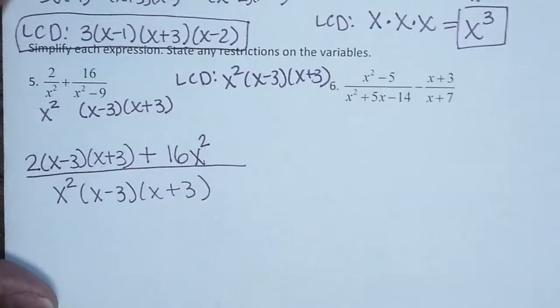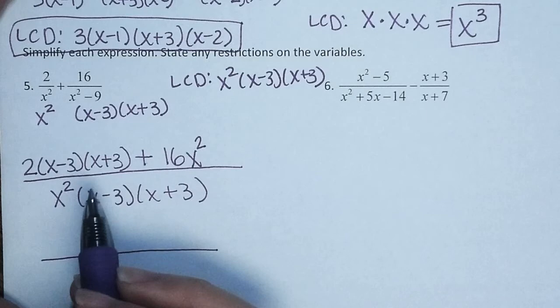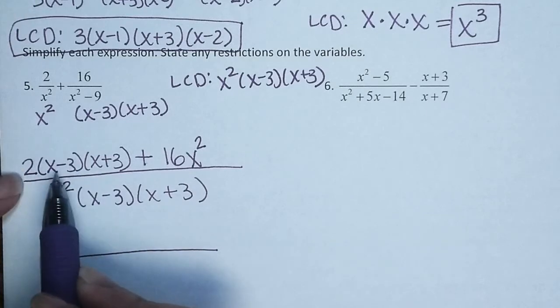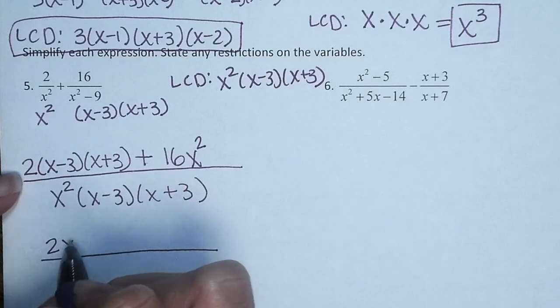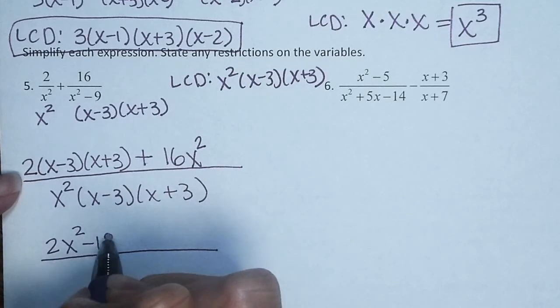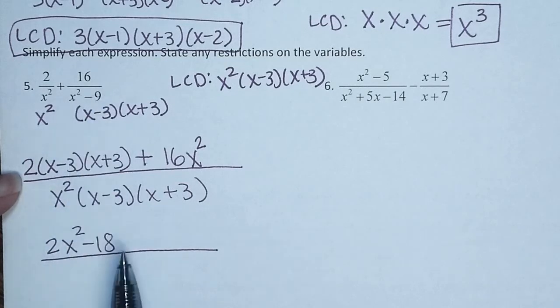All right, so then the next step I'll do is simplify this numerator. So on my numerator, I'm going to go ahead and multiply 2 times x minus 3 times x plus 3. It's going to be 2x squared minus 18, because x minus 3 times x plus 3 is just x squared minus 9.